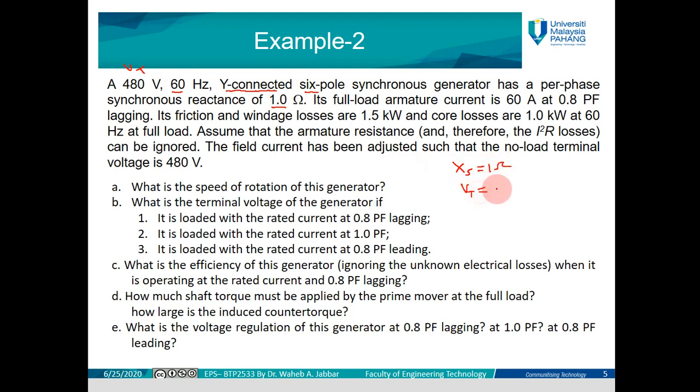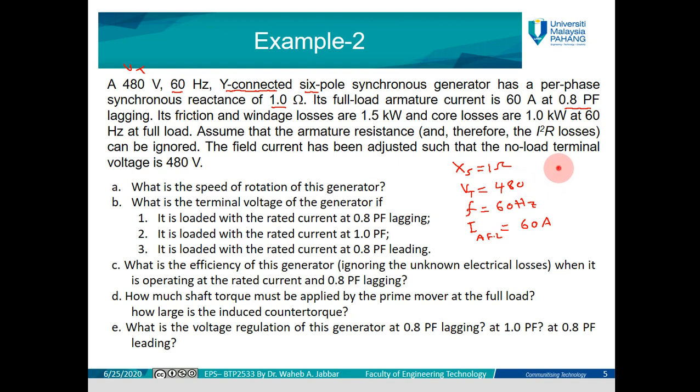VT equals 480, and we have F equal to 60 hertz. Then we have the full load armature current, I armature full load, equal to 60 amps.